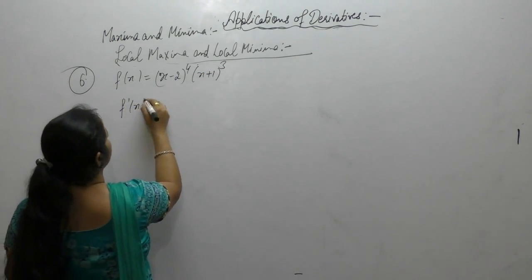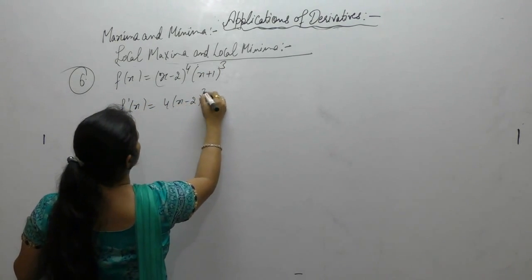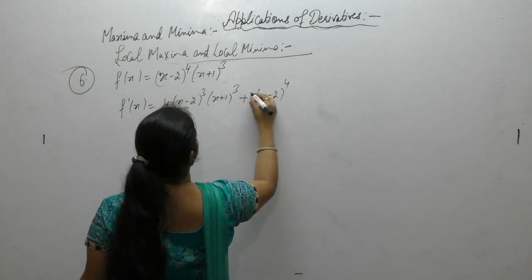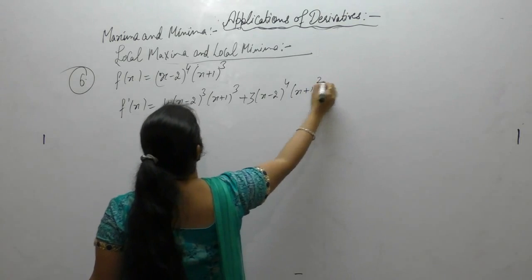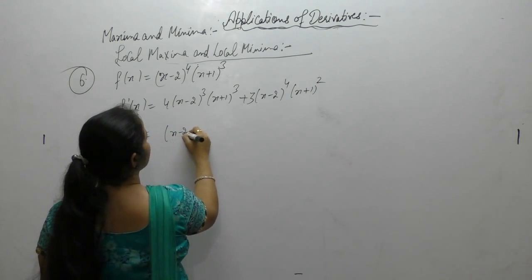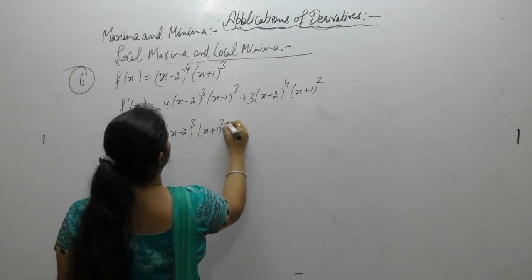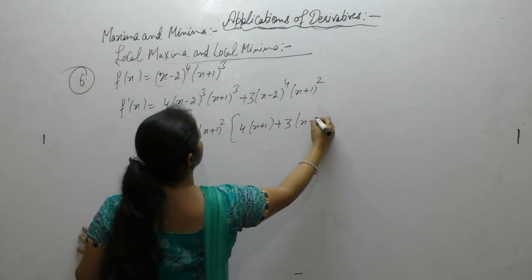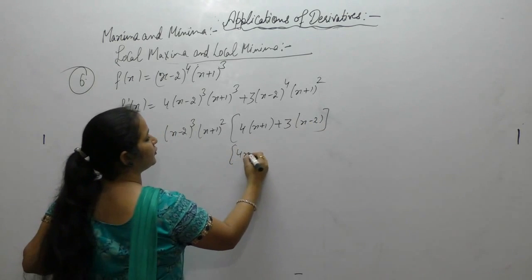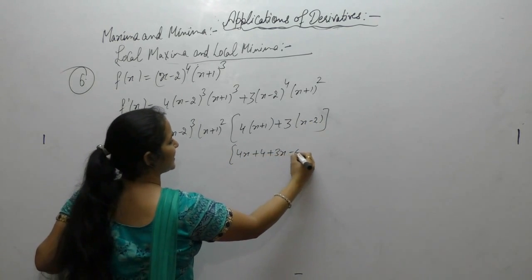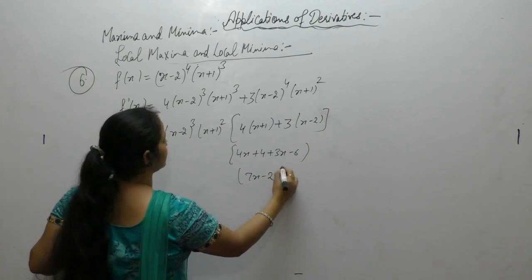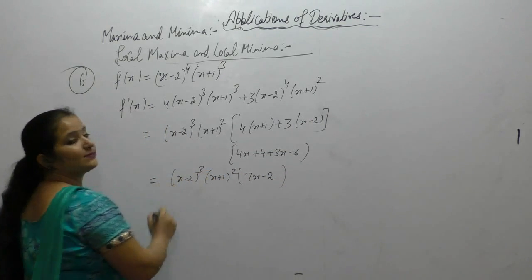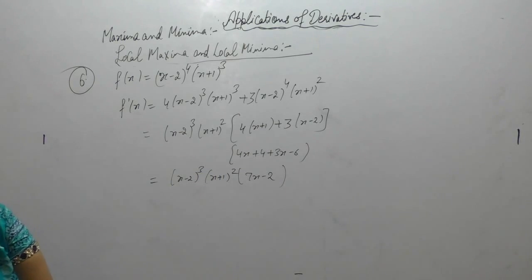First find the derivative. 4(x minus 2)³ plus (x minus 2)⁴ into 3(x plus 1)². (x minus 2)³ (x plus 1)² common. So 4 into (x plus 1), 3 into (x minus 2). 4x plus 4, 3x minus 6. 7x minus 2, (x plus 1) whole square, (x minus 2) whole cube.